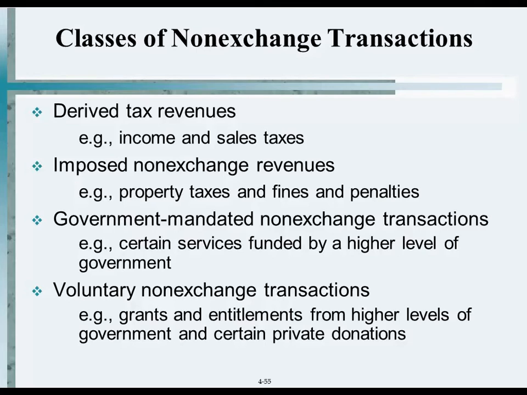You don't have the option. Government mandated non-exchange transactions, okay? Certain services funded by a higher level of government. And then look at the difference between these two terms, mandated and voluntary. I want you to think about this. One is, whether you like it or not, you're going to take this money. When might that happen?